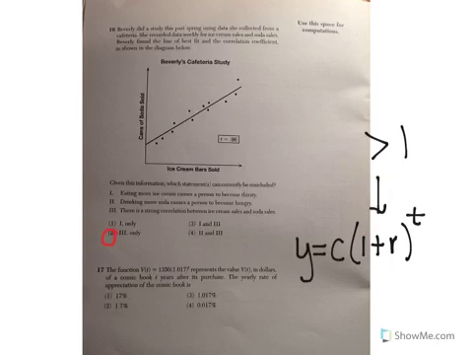Well, the R value, since we're adding it to 1, must equal 0.017. So as a percentage, now all I have to do is move my decimal place over 2 units. And I'm doing that because I'm multiplying it by 100. So if I move it over 2 units, I will end up with 1.7%, which is choice 2.